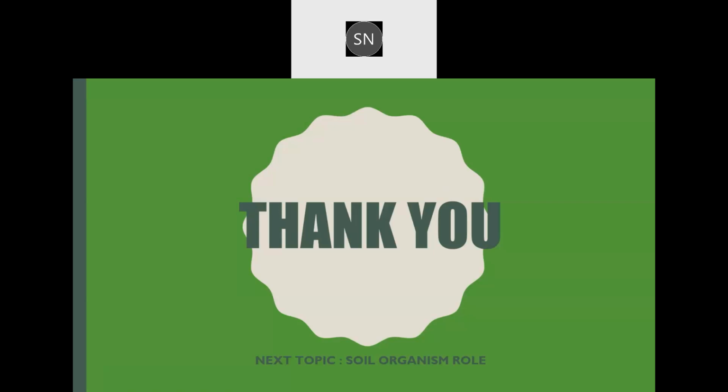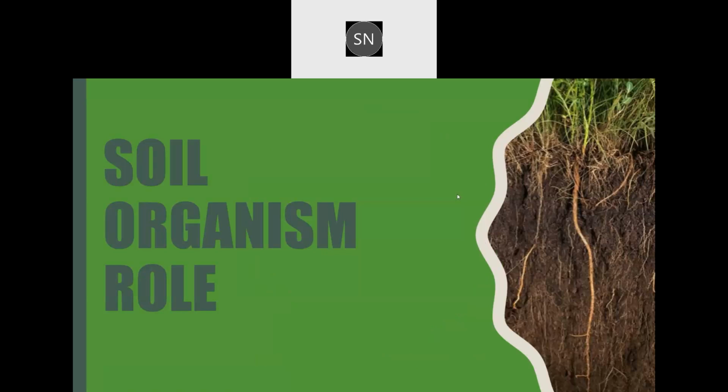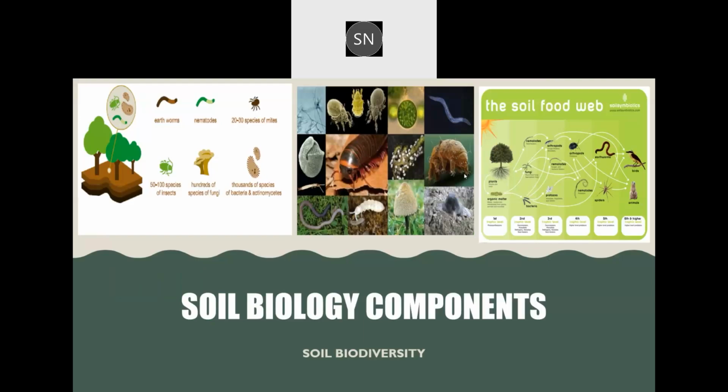Then the next one will be soil organisms. This one is very easy. Soil organisms, we can classify into 2: soil microorganisms and soil macroorganisms. You have to remember, macroorganisms mean benda yang besar yang kita boleh nampak. Dia termasuk sekali dengan plants, tumbuh-tumbuhan yang besar, dan juga human, kita, animals.